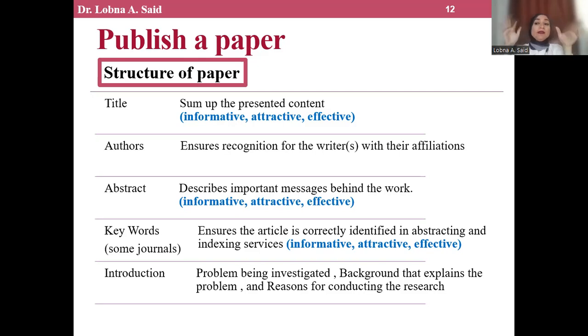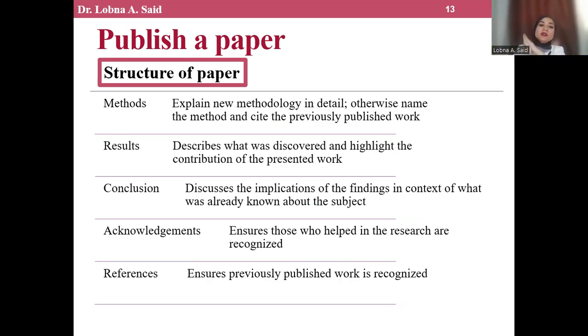So I have to clearly identify the problem, clearly identify what people have done so far, and why I'm doing the research. It's really important to show this in the introduction.